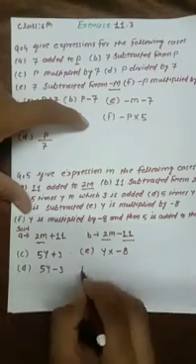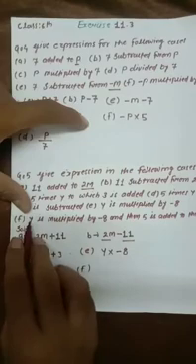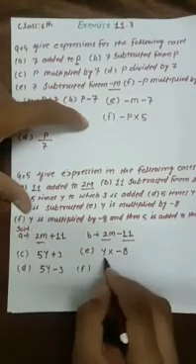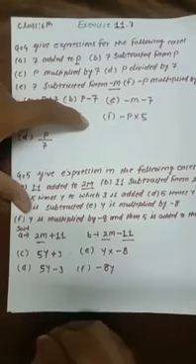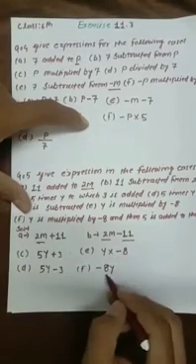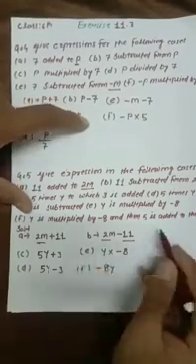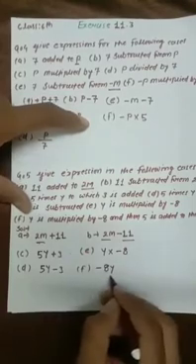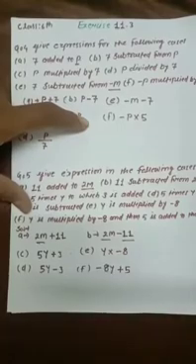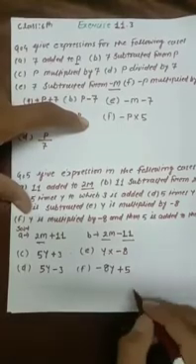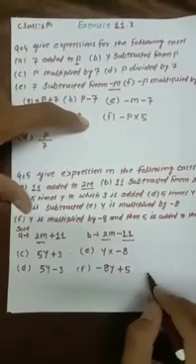If you multiply y by minus 8, it will become minus 8y, and then 5 is added to the result. We have to add 5 to the given result. So our answer will be minus 8y plus 5.